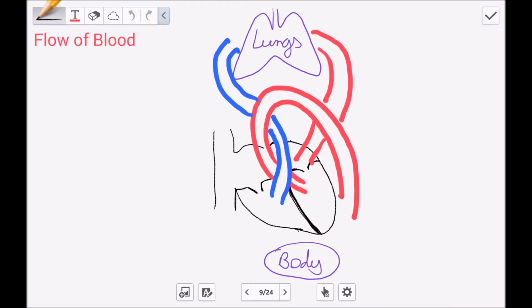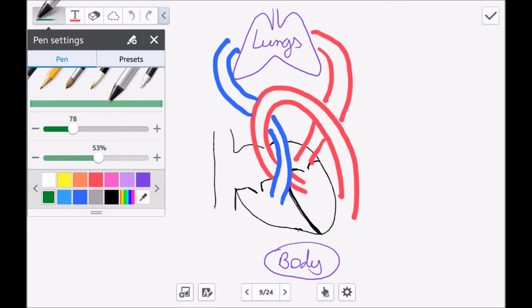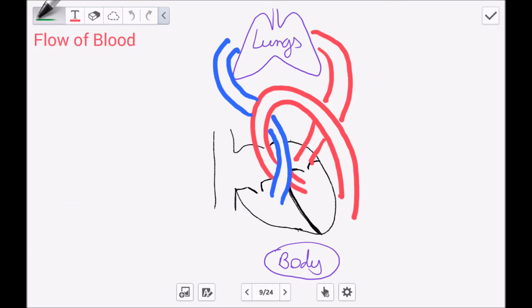So now we're just going to talk a little bit about blood flow, and this is mostly a review. I am going to use green just to denote the flow of the blood. So from the body, where it has been used up of all the oxygen and all the waste are coming back to the heart to go to the lung to circulate.